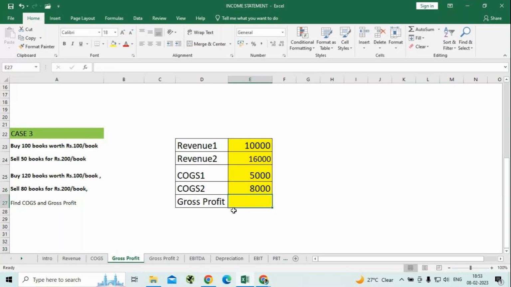So you have spent 8,000 rupees. So finally, you have to take this plus this as the revenue, minus COGS1 minus COGS2. So finally the gross profit you have earned is 13,000.